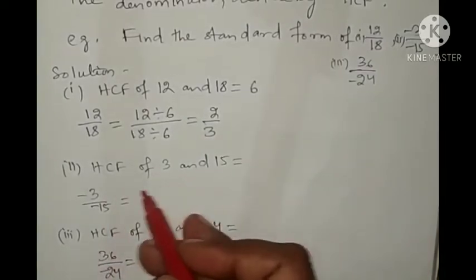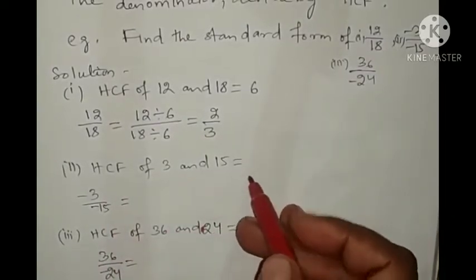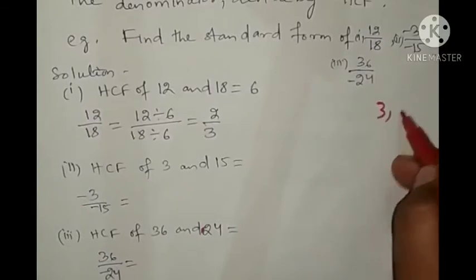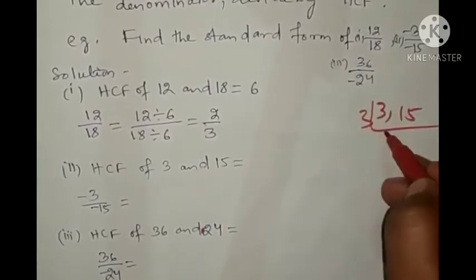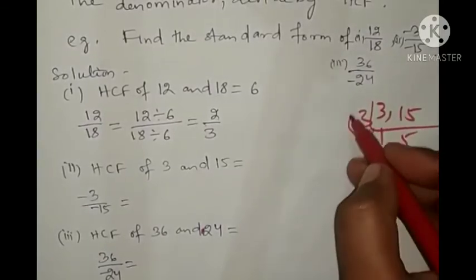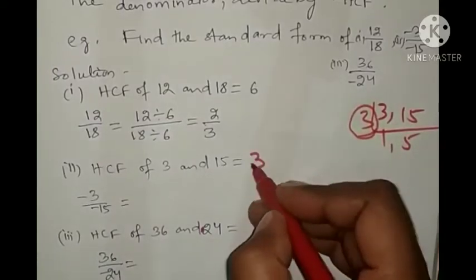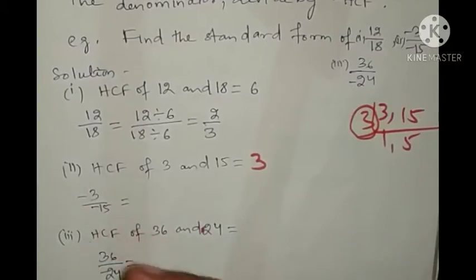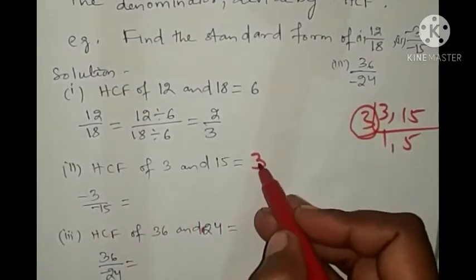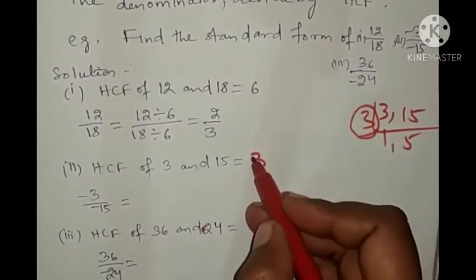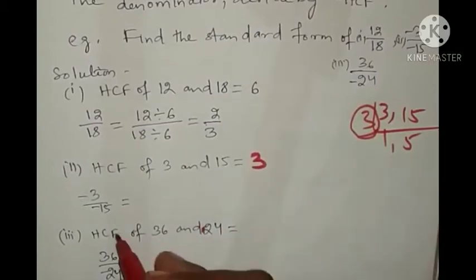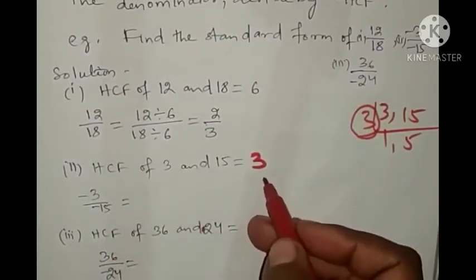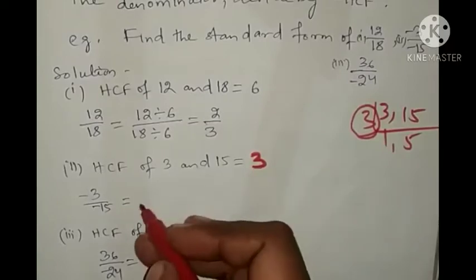Next you see the HCF of 3 and 15. HCF is how much? 3 ones are 3, 3 fives are 15, so the HCF is 3. Here it is written minus 3 by 15, so ignore the negative sign and find the HCF.